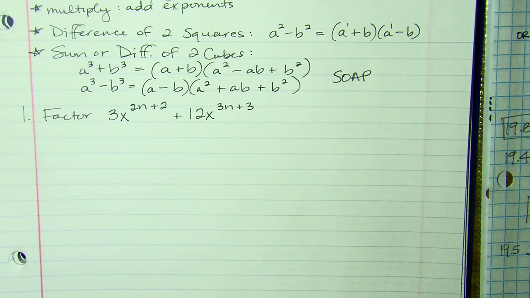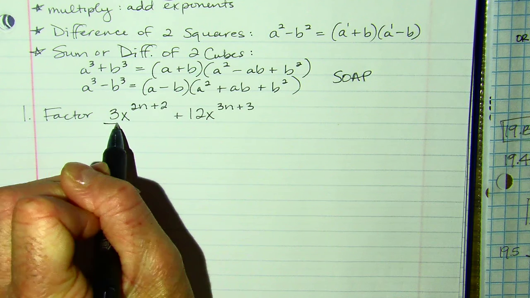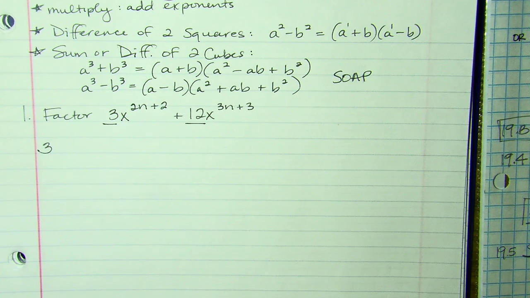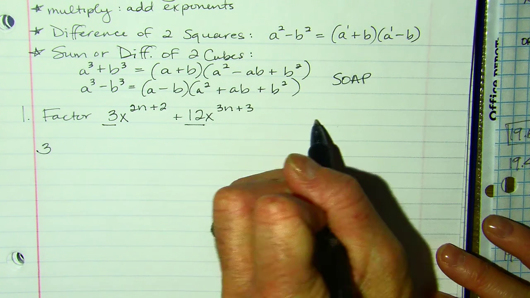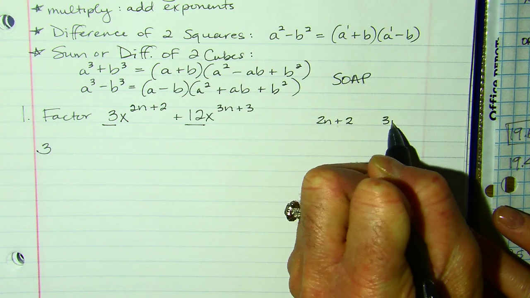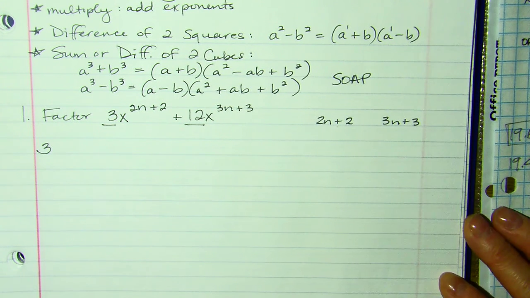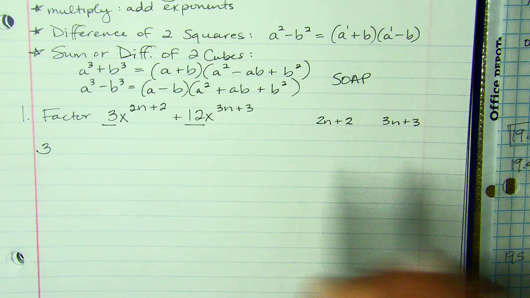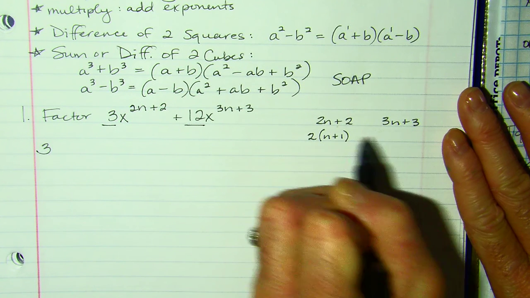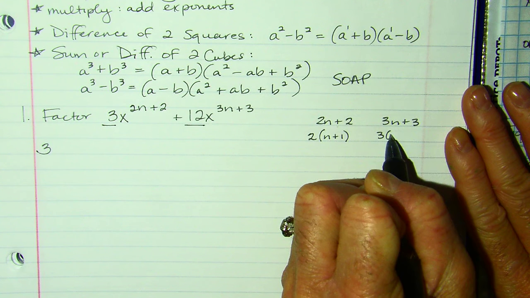So the first thing I notice is that 3 and 12 are both divisible by 3. Now, the next thing I notice, if I just look at 2n plus 2 and 3n plus 3, is that if I factor each of these separately, this is 2 parentheses n plus 1, and this is 3 parentheses n plus 1.